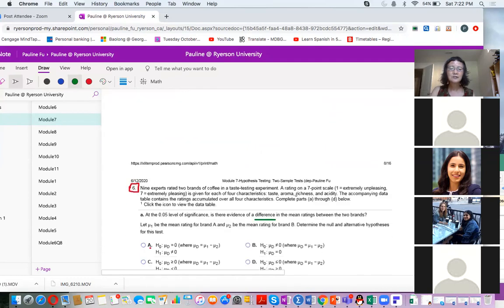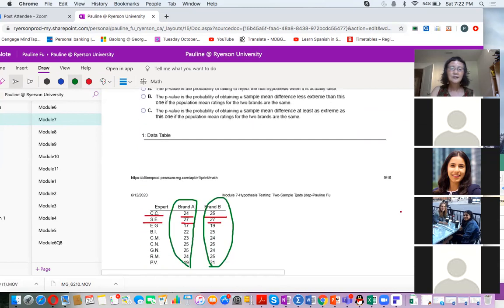No. The very first step, you calculate the difference between those two samples, D. So you use 24 minus 25, you get -1. 27 minus 27, 0. 17 minus 19, -2. Etc. Last data, 19 minus 21, you get -2.